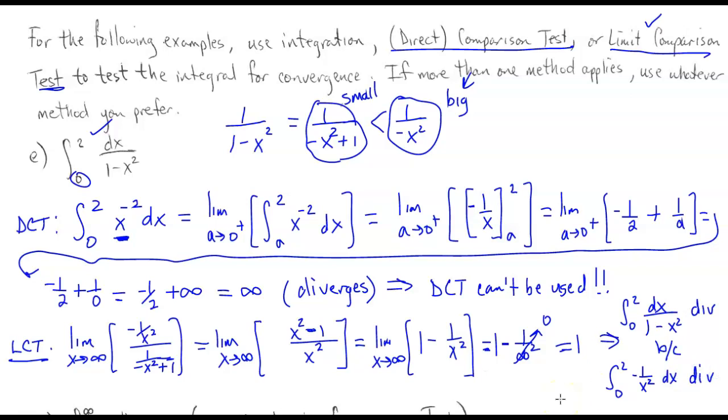Because remember, either both have to diverge or both have to converge. And since we used the direct comparison test to show that the improper integral that we actually evaluated, which was the improper integral of the bigger function, ended up diverging, then we used the limit comparison test as a follow-up to make sure it met those conditions, so that we can also say that our original improper integral that we were trying to evaluate was also divergent.